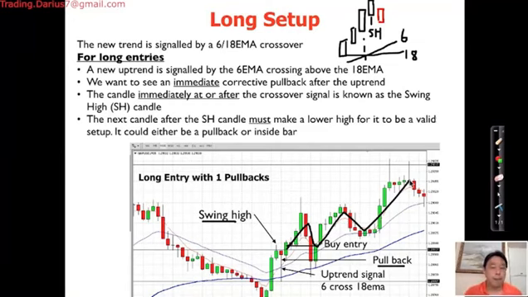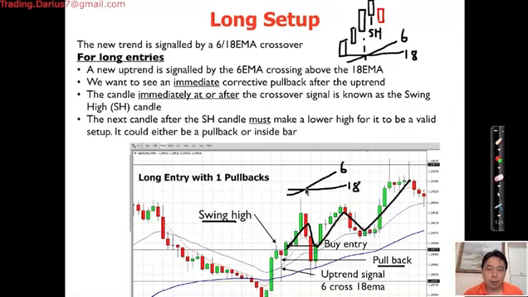Now let me emphasize that it is very, very important that a swing high candle must come right at the cross or right after the cross, but not any candle later. So let me draw a scenario that is invalid. Let's imagine the 6 EMA and the 18 EMA.